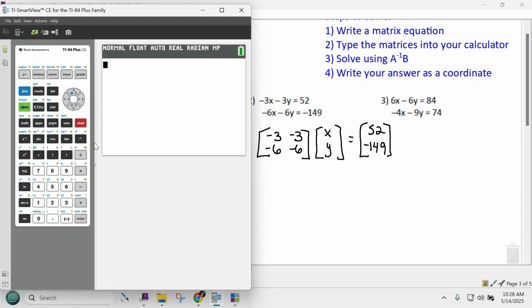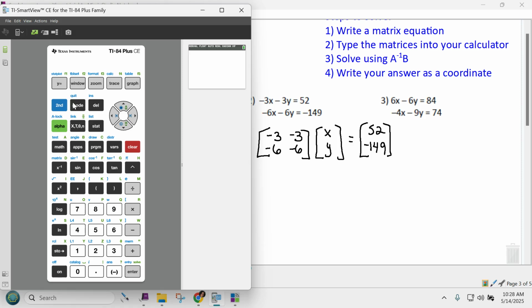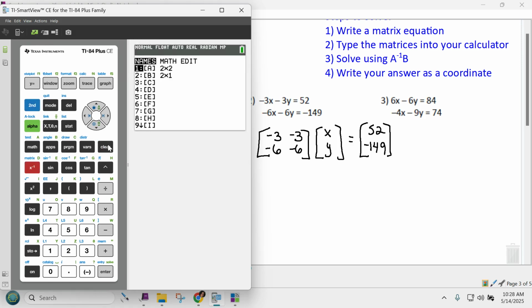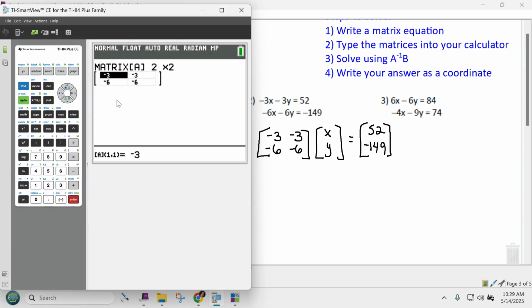All right, so we're going to start fresh. So I'm going to go second matrix, go into the edit, and we're going to edit matrix A. It's still a 2 by 2, so now I'm just going to type over what was here before. Stop and look. Do your numbers match? Yep, I'm good.